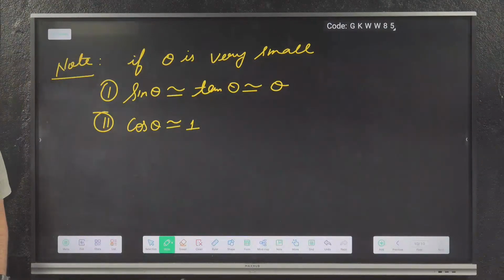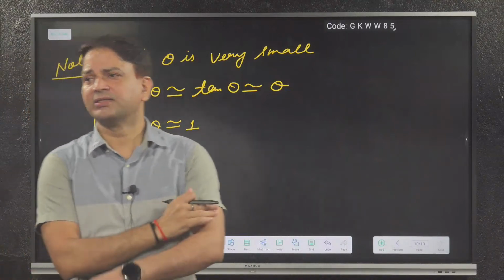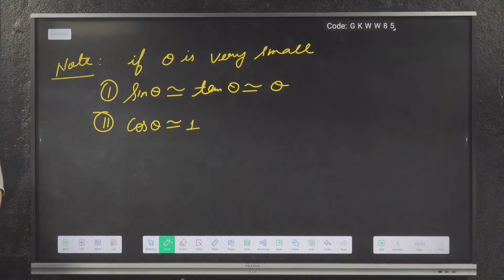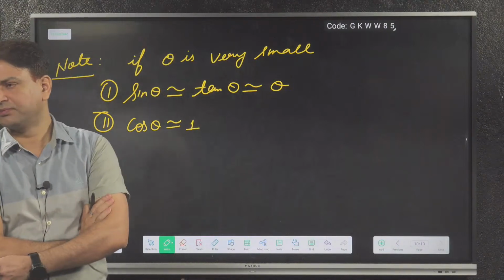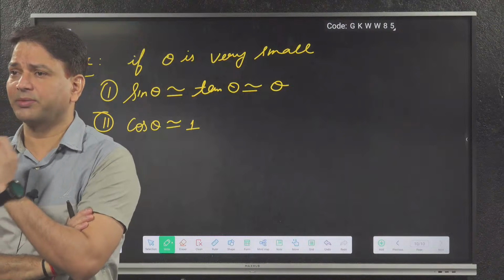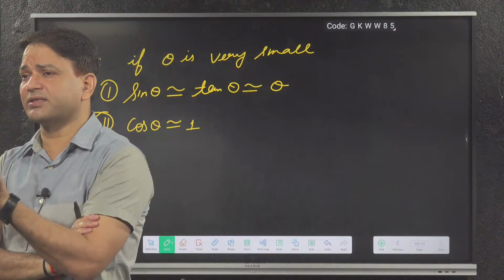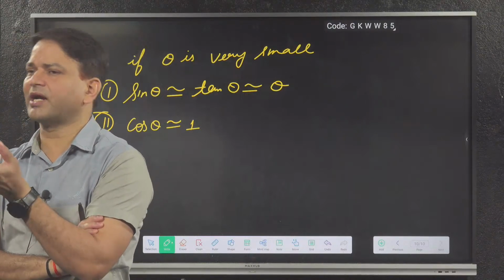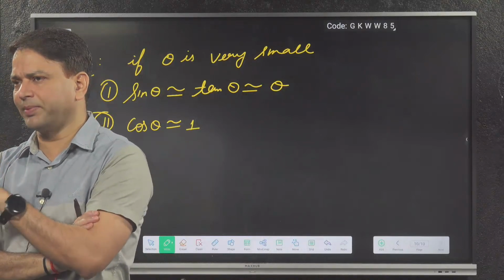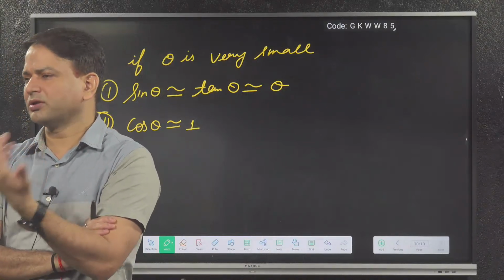These two approximations we will take for small angles. In physics derivations, in so many places this approximation is used. When theta is small, sine theta, tan theta or theta values are all nearly equal, and cos theta we can take as 1.